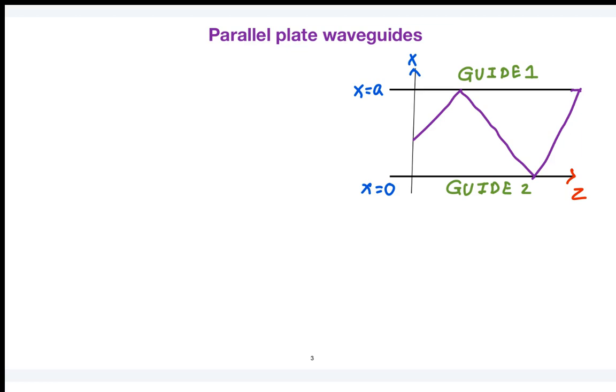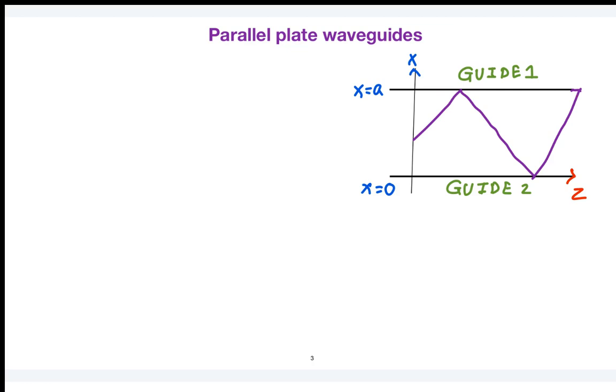So in the case of a parallel plate waveguide, I started by considering 2 plates, one located at x equal to 0 and another at x equal to a. And remember, although it looks like a line, it is not a line, it is a plane. So assume there are 2 conducting plates located at x equal to 0 and x equal to a.